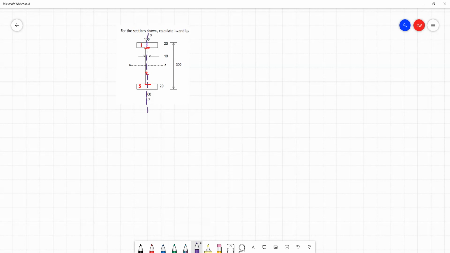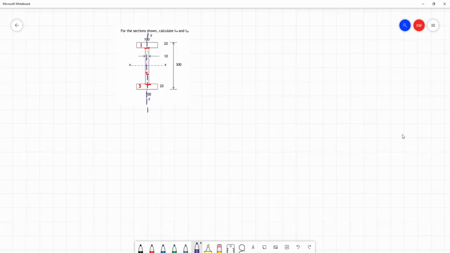C is going to be 0 in every case. So that means that in every single case, we can exclude this AC squared term and just go with the formula for the rectangle. So it's just adding up 3 rectangles because they all share the same centroid, the same y-y axis.